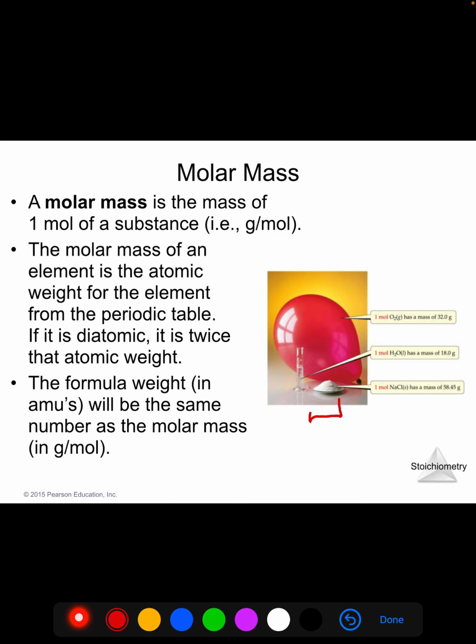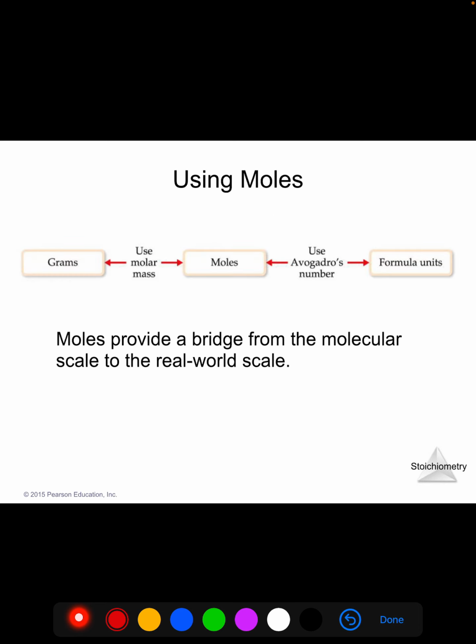This is a very valuable tool, and we're going to be using moles extensively as we move into the last part of Chapter 3. And we can convert between them, because if I say I have 18 grams of water, and I know the molar mass, that 1 mole equals 18 grams, then I know how many moles I have.